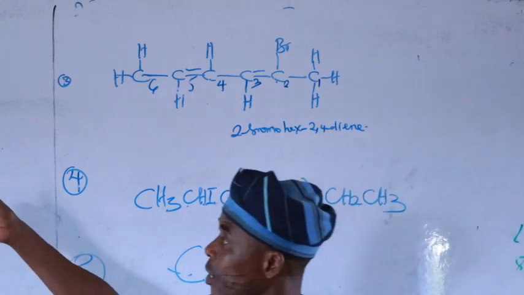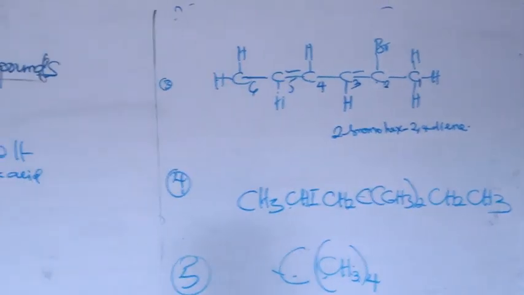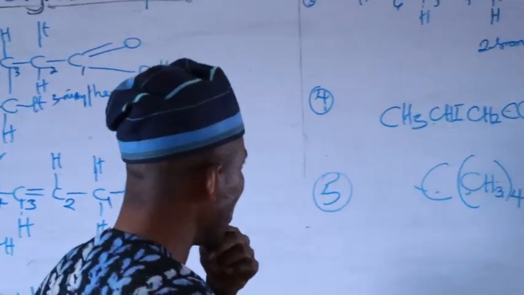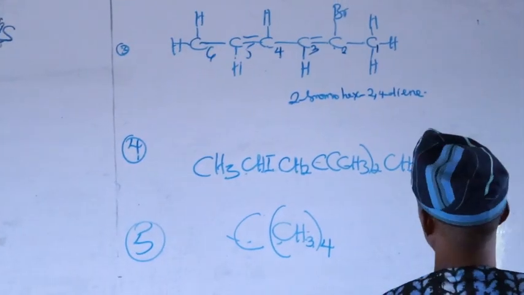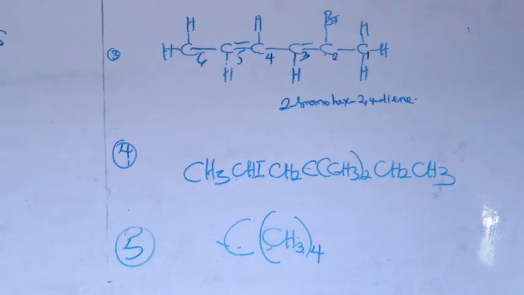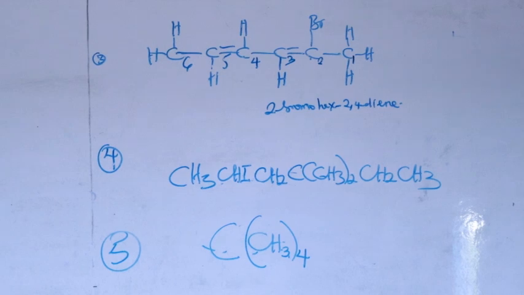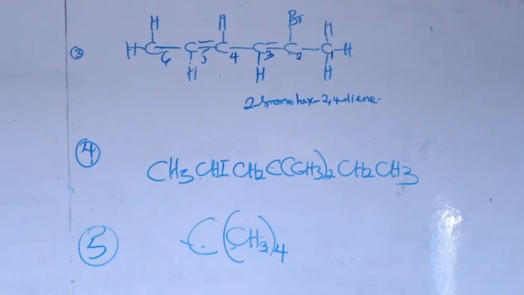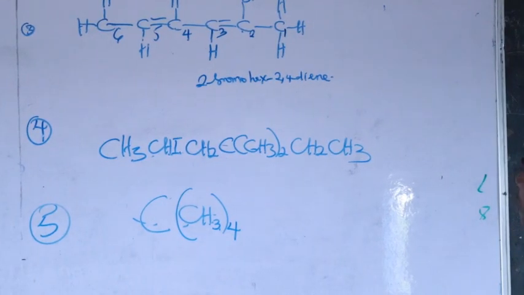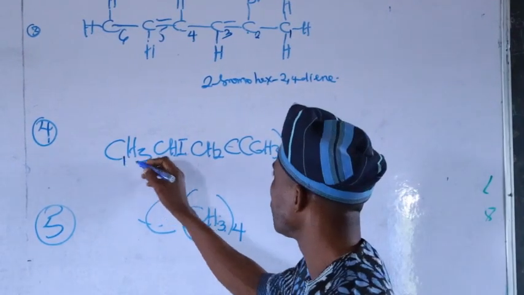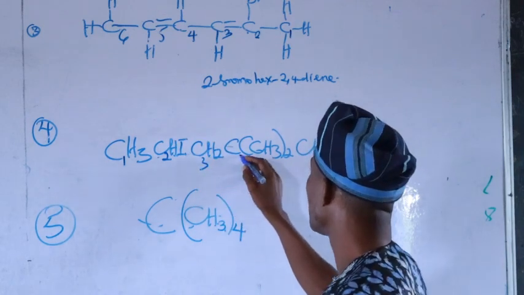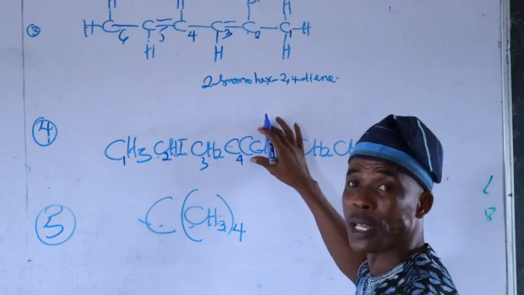When we have 2,3-dimethyl, then the next one, what's the name? 2-iodo-4,4-dimethyl. So you can see this is carbon number 1. Carbon number 2 has iodine attached to it. This is carbon number 3. Then carbon number 5 has 2 methyl groups.